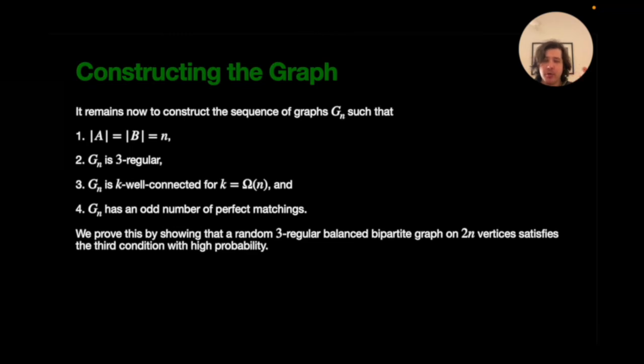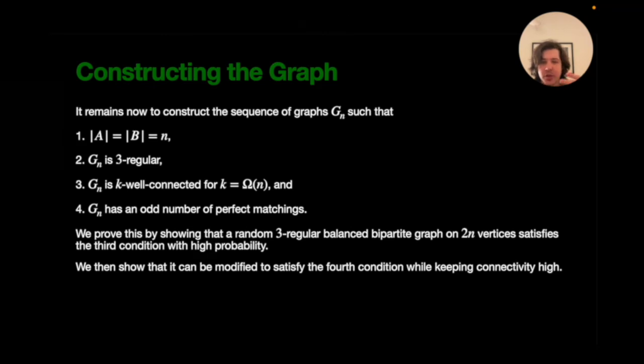And we prove this by showing that a random 3-regular bipartite graph on 2n vertices satisfies the third condition with high probability. And then we show that it can be modified to satisfy the fourth condition while still keeping the connectivity condition high, right? So we can still satisfy the connectivity condition in some sense.